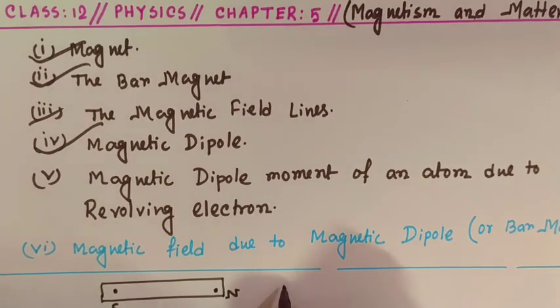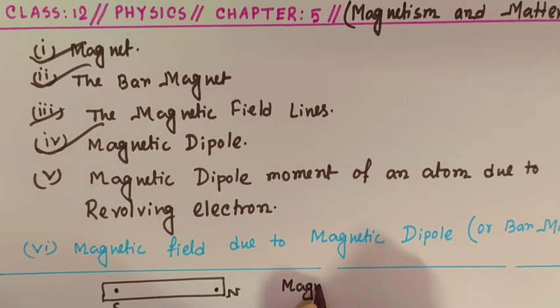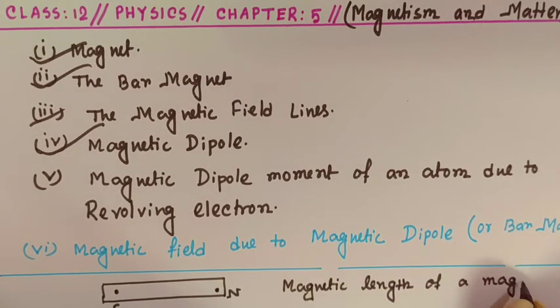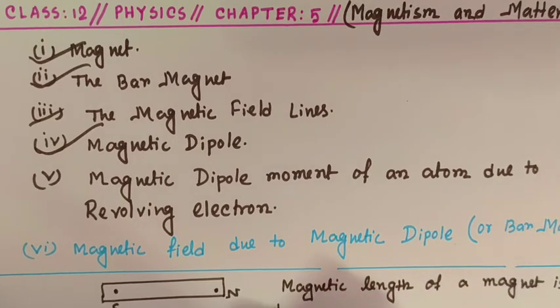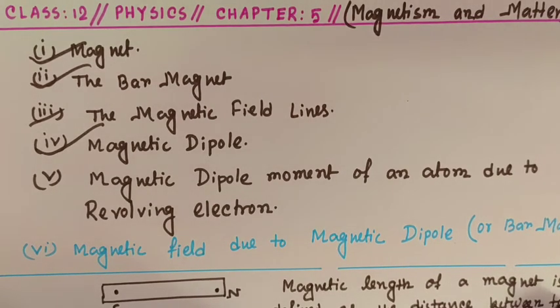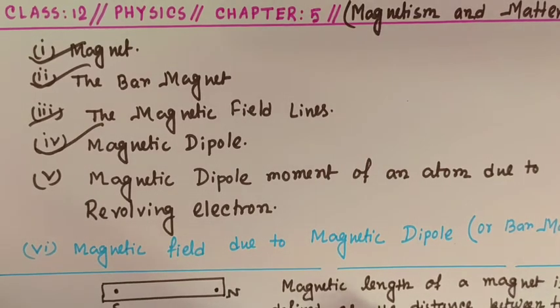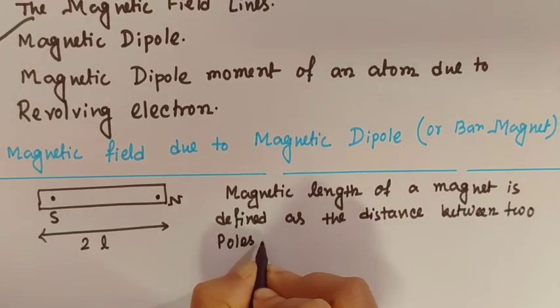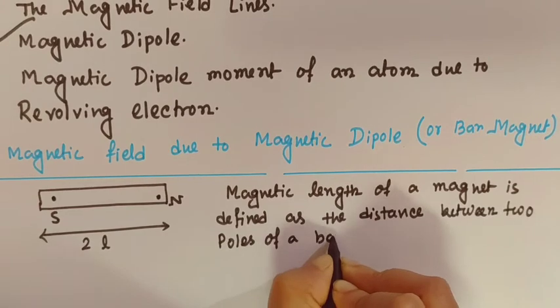So I am writing here: magnetic length of a magnet is defined as the distance between two poles of a bar magnet.